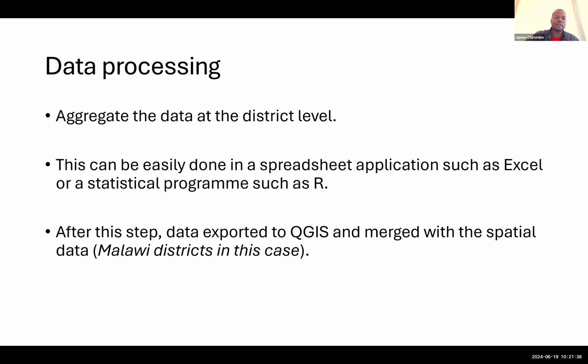So if I have Malawi districts as my spatial data, then I have to find a way of merging these Malawi districts with the spreadsheet data, so that I've got now a comprehensive spatial data that not only includes the district names, but also has the number of cases attached to each district. Then I can go forth and visualize data.